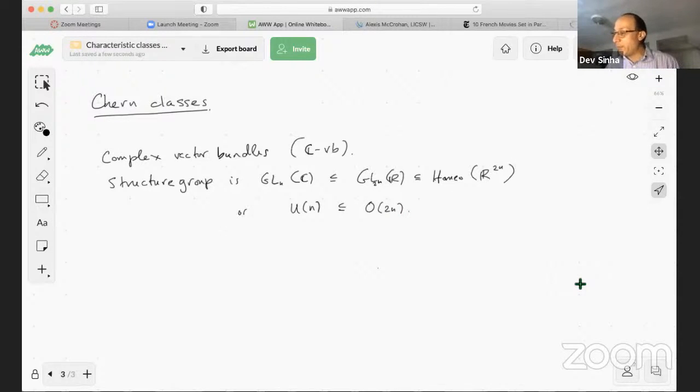A good example is complex line bundles are exactly oriented rank 2 real bundles, oriented plane bundles.